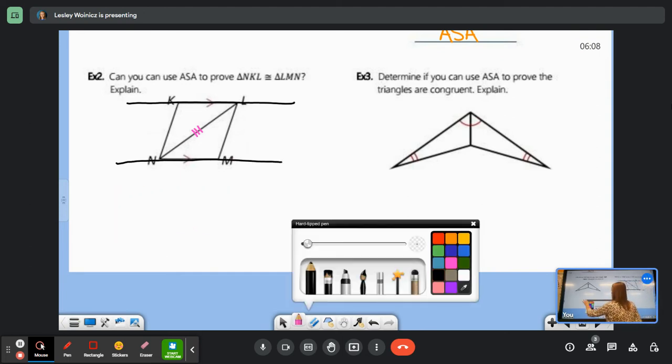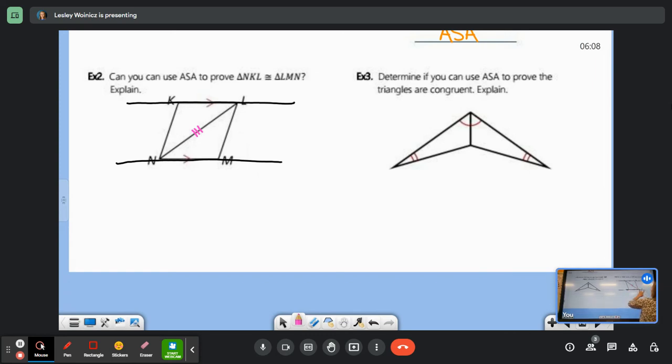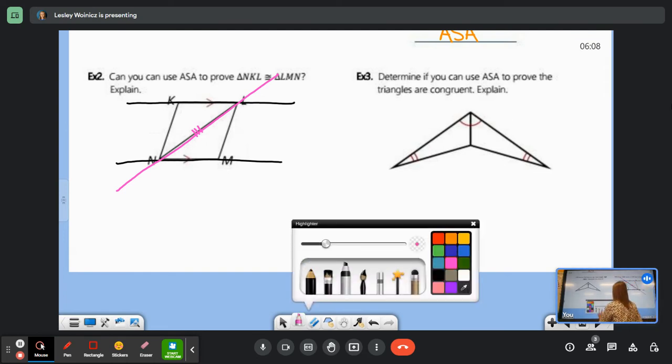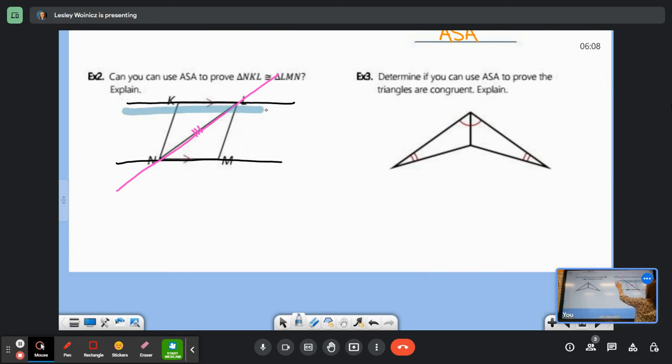That congruent side is on my hot pink transversal, and I'm going to shade my interior because it helps my brain.